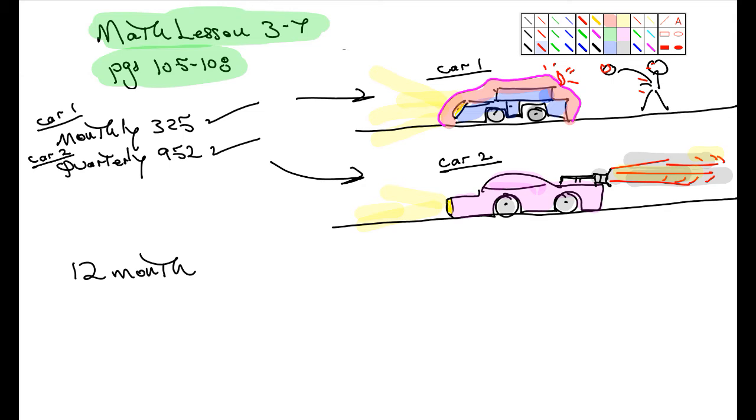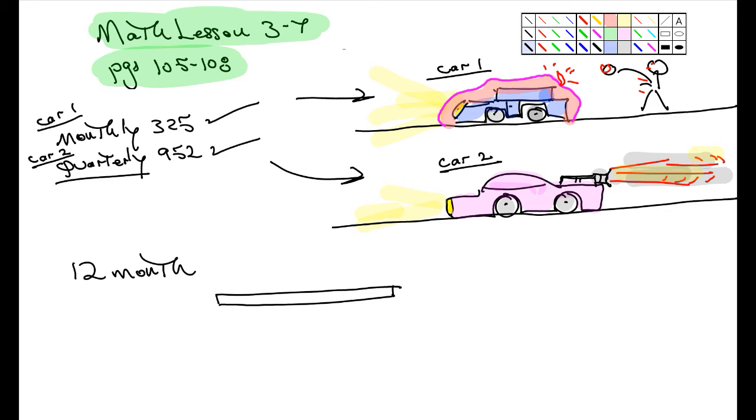But anyways, I'm digressing. So if we were to take 12 months, and I was to draw it on sort of like a bar graph. And if we're talking about quarters, there's 4 quarters in a dollar.